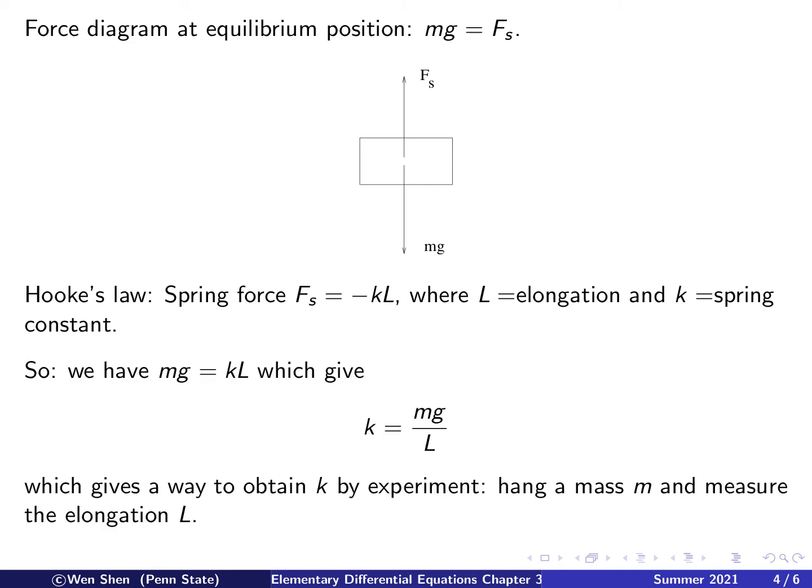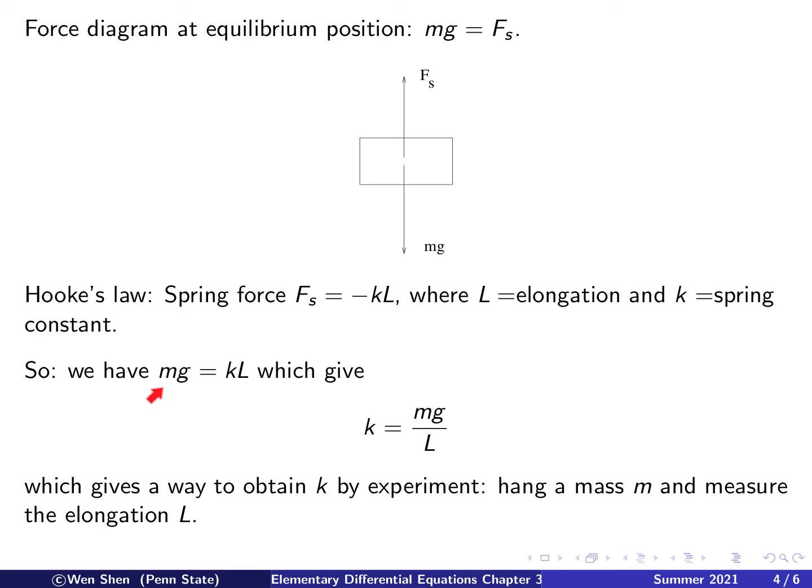An important comment we want to make is that the spring constant actually can be easily computed. You can hang a mass of mass m over there and find out the elongation, which can be measured.